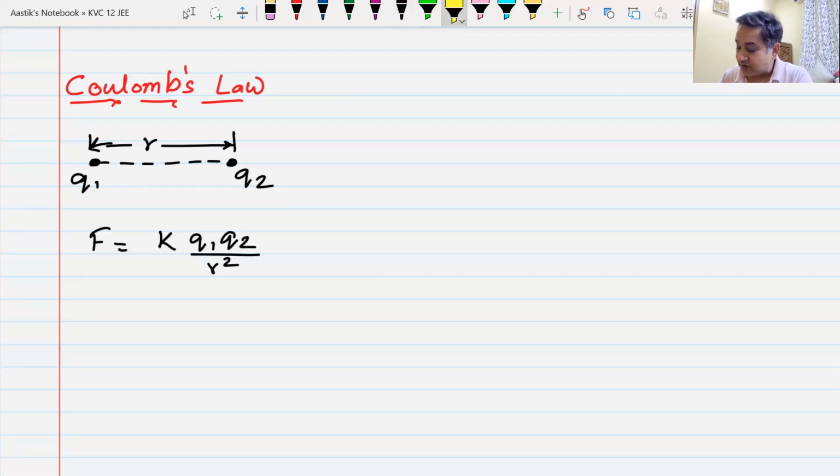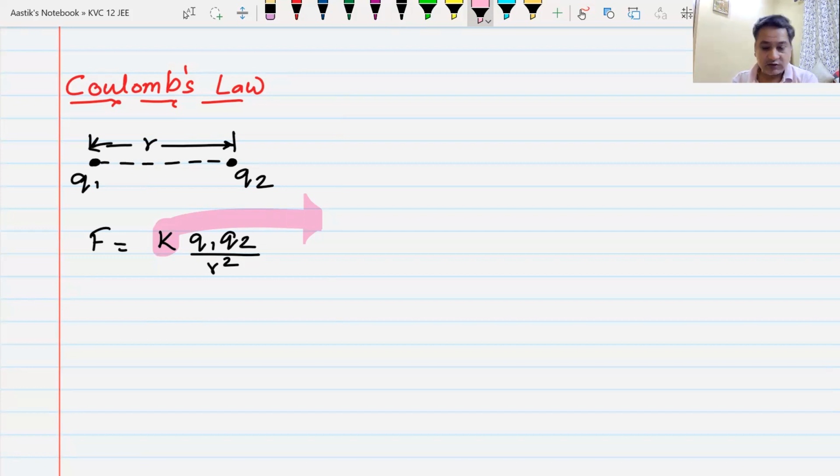Now this K is a constant which depends on what? It depends on something. What does it depend on?